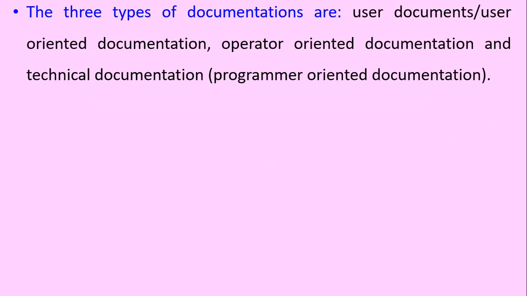Then, how many types of documentation exist? The 3 types of documentation are user documents, or what we call user-oriented documentation, operator-oriented documentation, and technical documentation, or what we call programmer-oriented documentation.